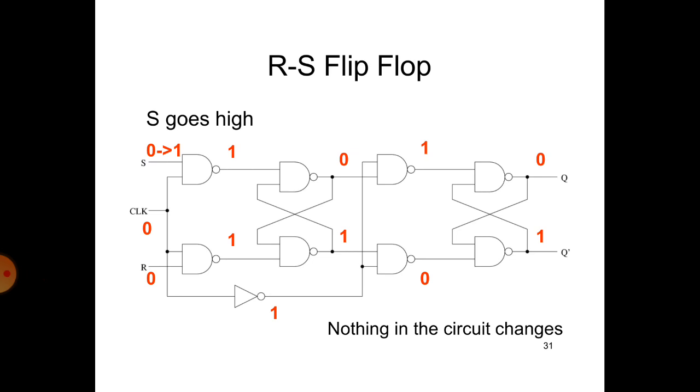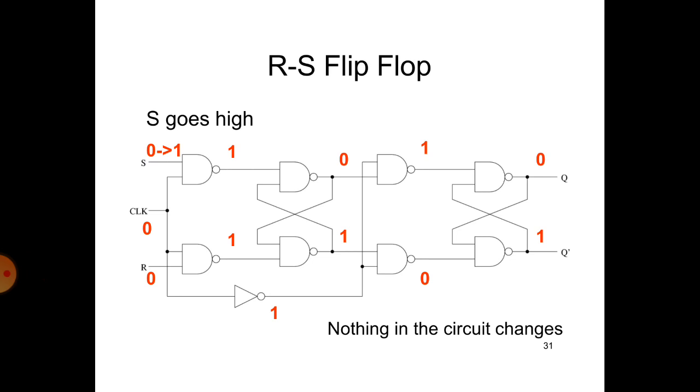So in that slide, RS flip-flop, S goes high. Nothing in the circuit changes. S goes high means S will be 1, R will be 0, that is set state.